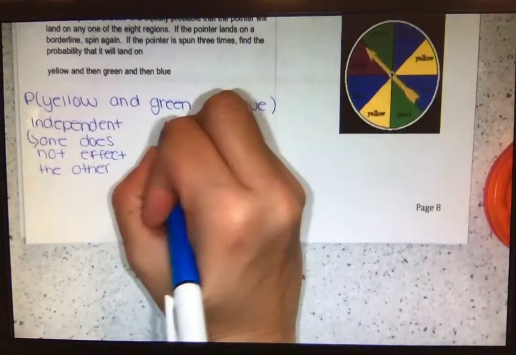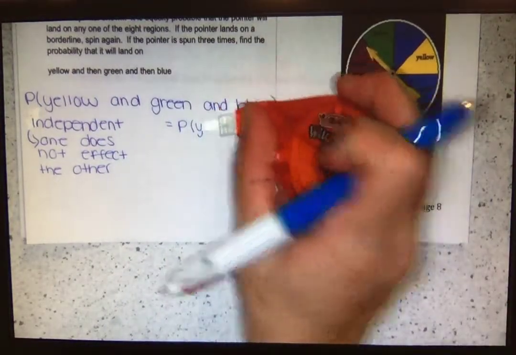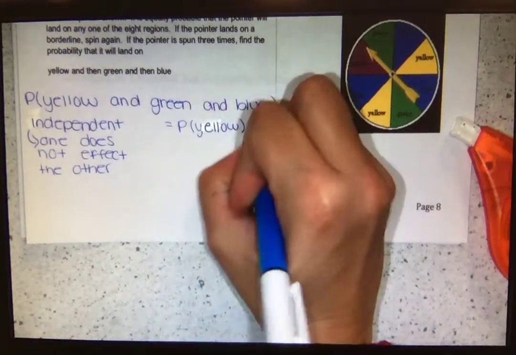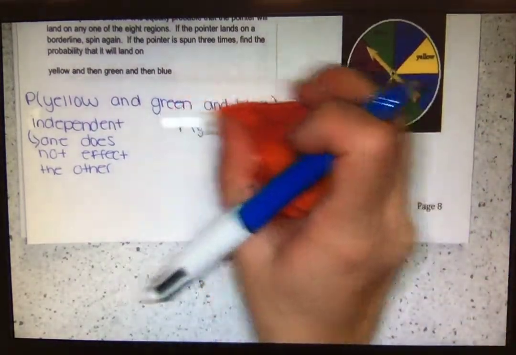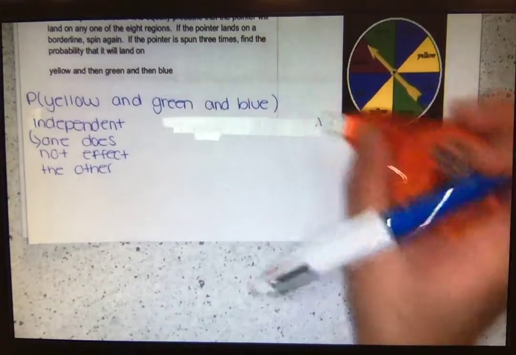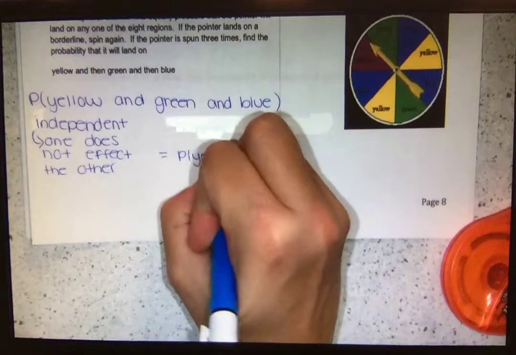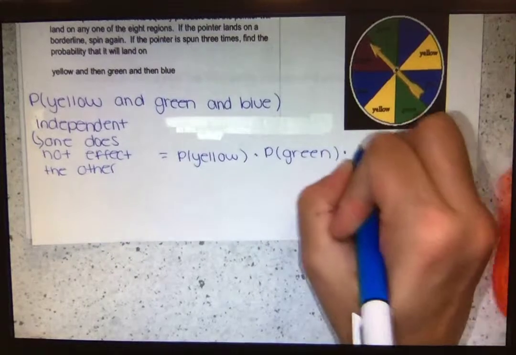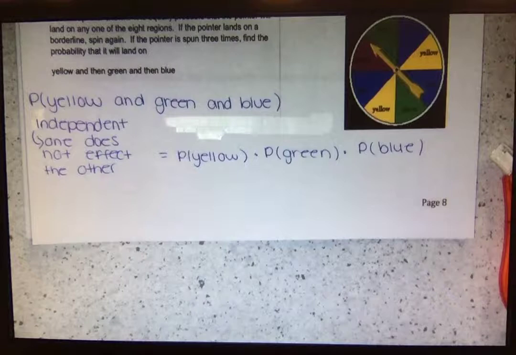So just like the previous problem, we'll have the probability of yellow times the probability of green, times the probability of landing on blue. So same exact as the previous problem, now we have three things to multiply together.